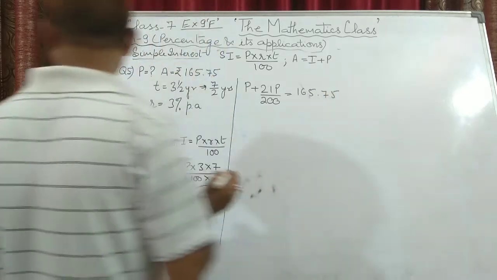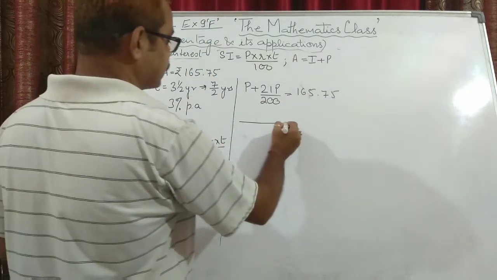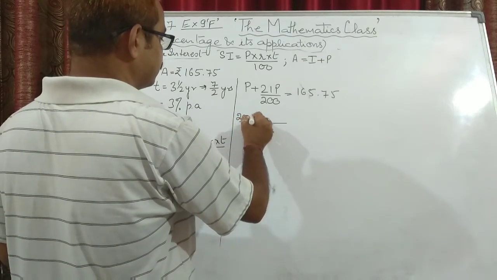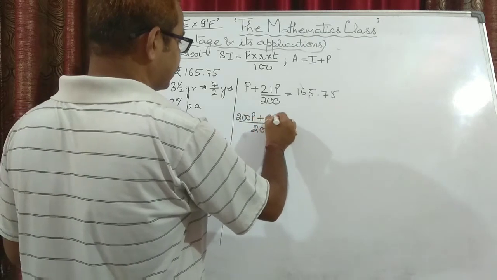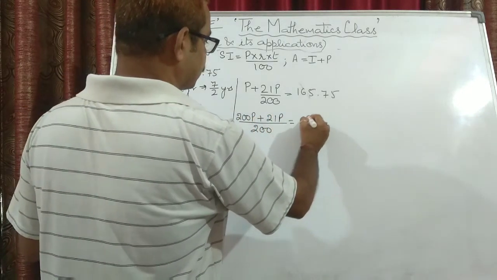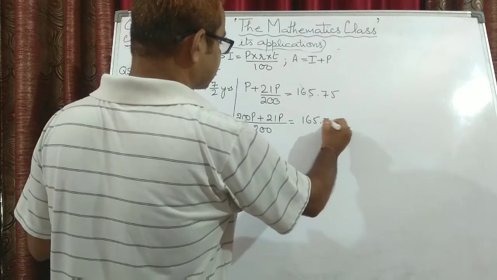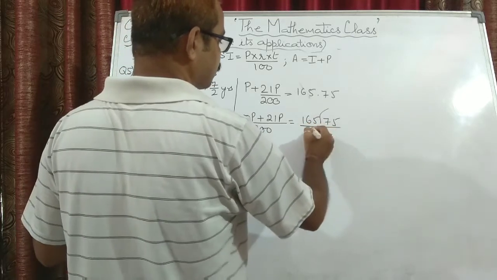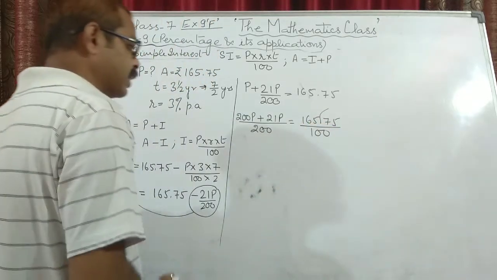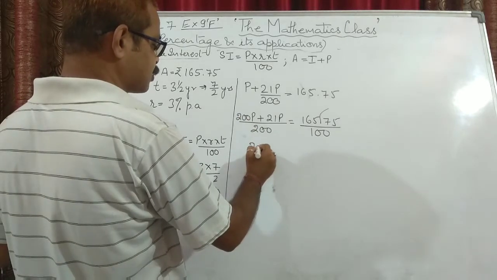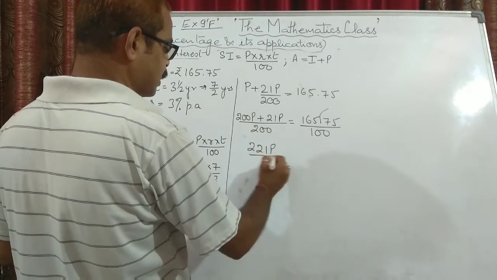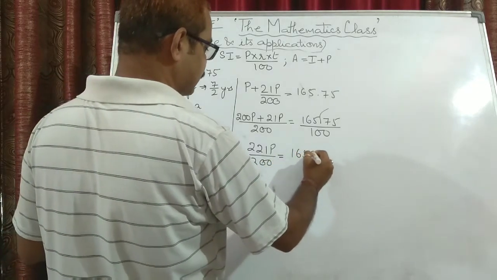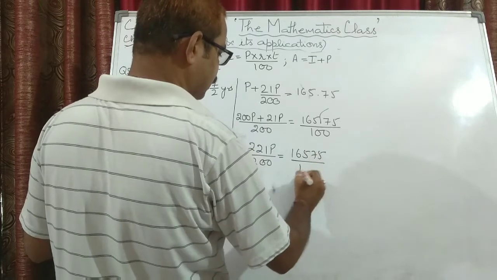165.75. Now when you take the LCM, LCM will be 200. So this will become 200p plus 21p is equal to 165.75. If you remove this decimal, you have to increase 2 zeros in the denominator. So it will be like this. 200 plus 21 is 221p upon 200 is equal to 16575 upon 100.